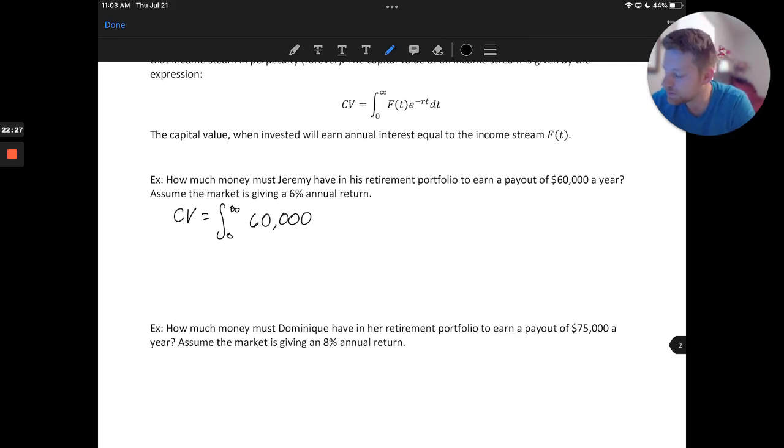And we know that we're getting 6% interest. Okay, so this was the integral that I actually want to solve. Now, we haven't seen integrals of this type yet, so we'll have to walk through and consider, how do we deal with that upper bound of infinity? So we'll do that in just a moment.